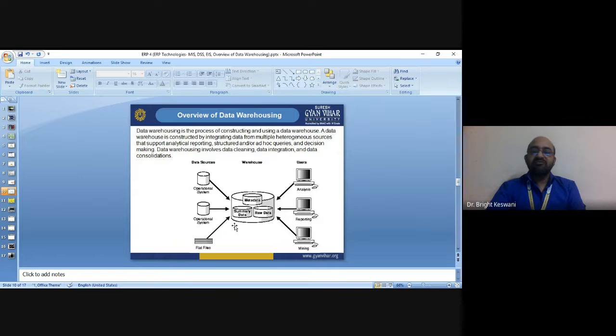Data are stored in files, so the data warehouse grabs the data from operational systems or from files of legacy system. And these are some users like analysis, reporting, mining. These are some activities which are conducted by the users or operational staff to clean the data, to integrate the data, and to consolidate the data.